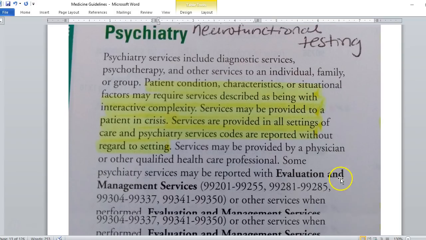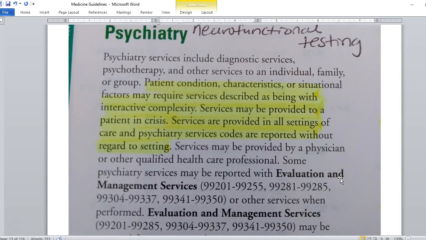So these guidelines tell us psychiatry services include diagnostic services, psychotherapy, and other services to an individual, family, or group. Patient condition, characteristics, or situational factors may require services described as being with an interactive complexity. Services may be provided to a patient in crisis.